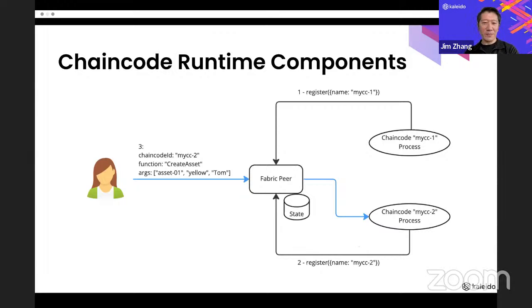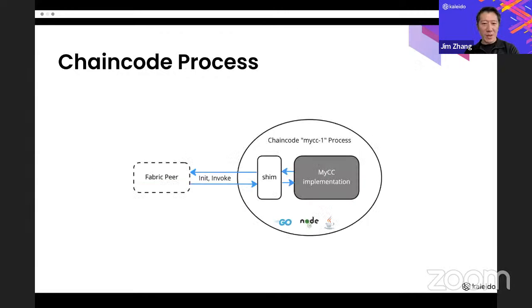Great to see you. Okay, so let's look at one level deeper into the Chaincode process. So a Chaincode, as you implement it, needs to work with a bunch of other libraries that Fabric provides. In particular, what's called the shim layer.